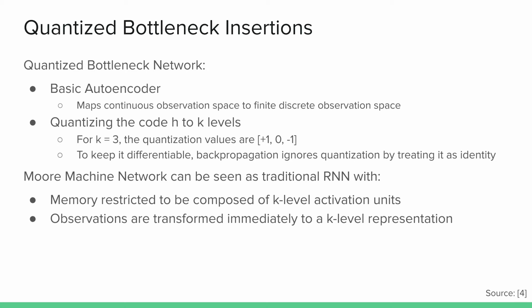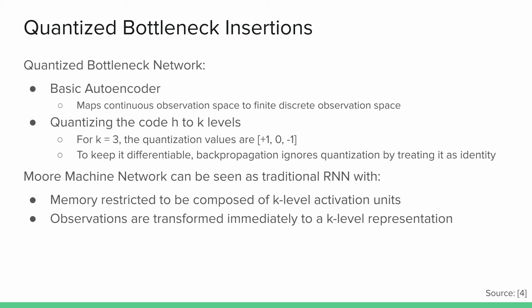The method for doing this is called quantized bottleneck insertion, and it combines many of the things we've seen in this lecture. The cool thing is that you should now be able to understand all the different building blocks going on here. You are employing a basic autoencoder. We already know autoencoders.